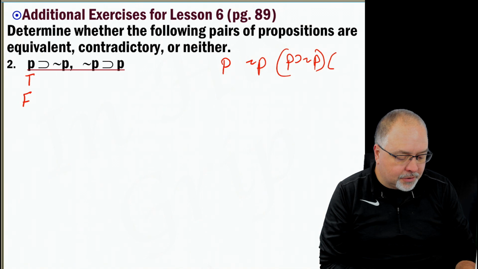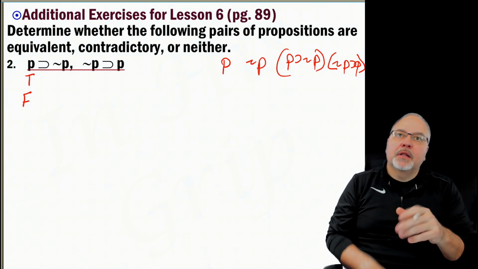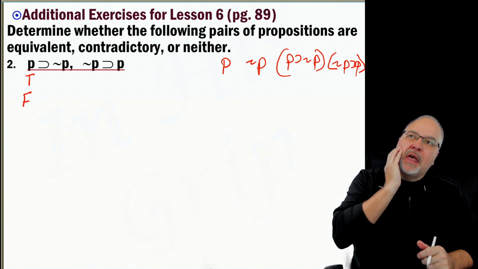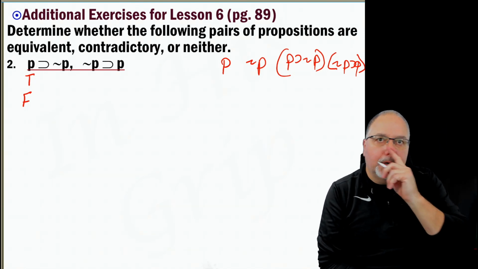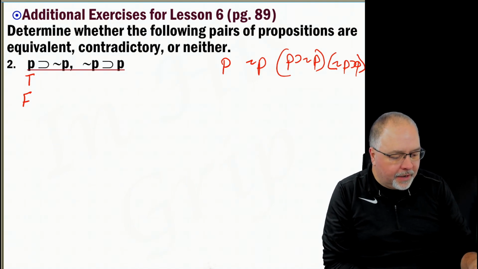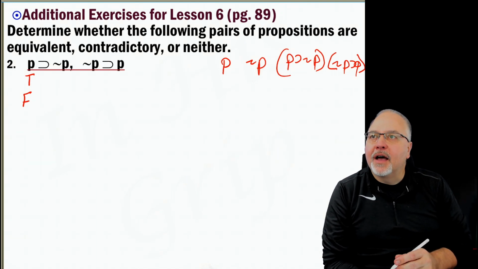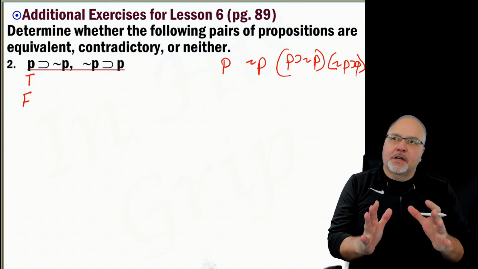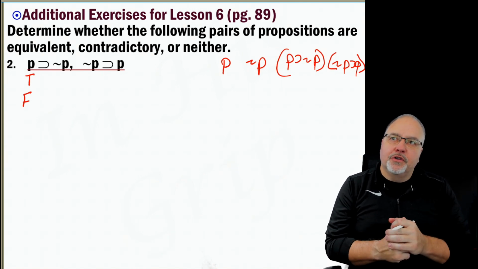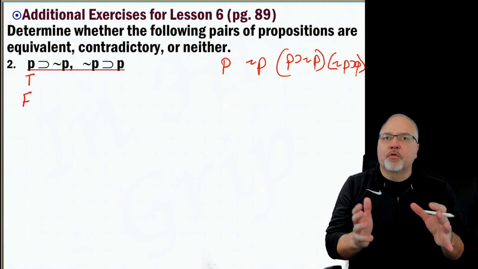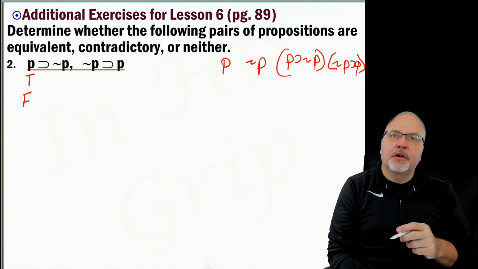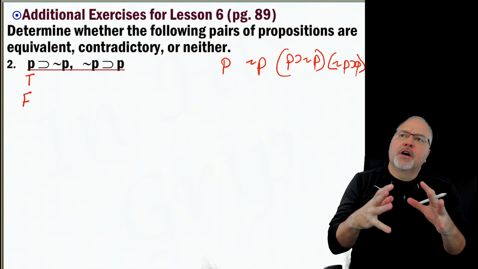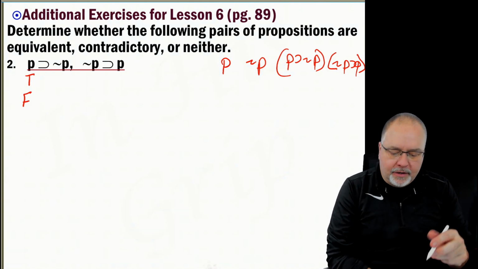And then you would also do not P, if not P, then P. But let me show you what I'm going to do. If my skills are up to date, I'm going to make this compact and suggest this is another way for you to do your truth tables, and as we move forward it will become a little more standard, just for the sake of saving space.